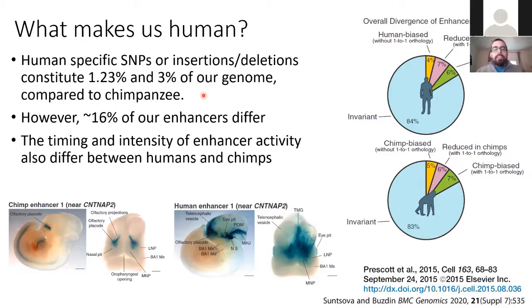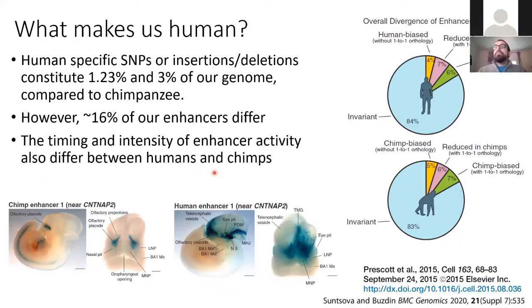But if instead of looking at all our genome, we just look at our enhancers, which are sequences of your DNA that interact with the promoters of genes to promote their activation, we see that 16% of them differ between human and chimp. And if we express the human-specific enhancers or the chimp-specific enhancers in mice, they produce a gene expression that's typical for humans or for chimp.